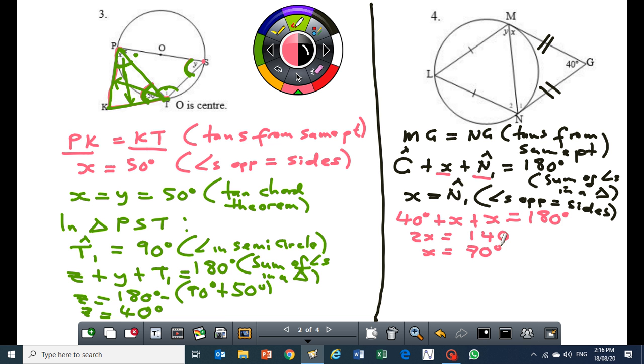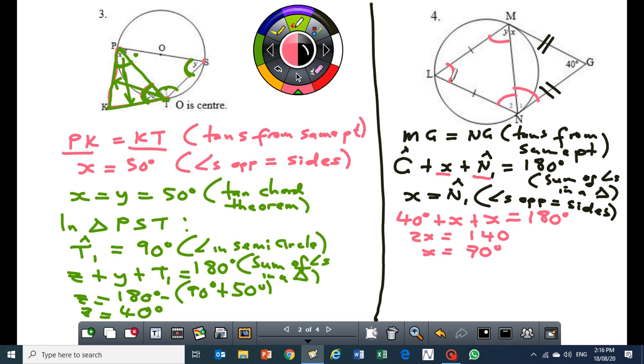So now I need to find what z is, what y is. Okay? Now, to find y, it's much better to find z first. Sorry, it's not Z, it's N2 rather, this is N2. That's Y there, right? So if I want to find Y, remember, this is a tangent, so it subtends this angle.